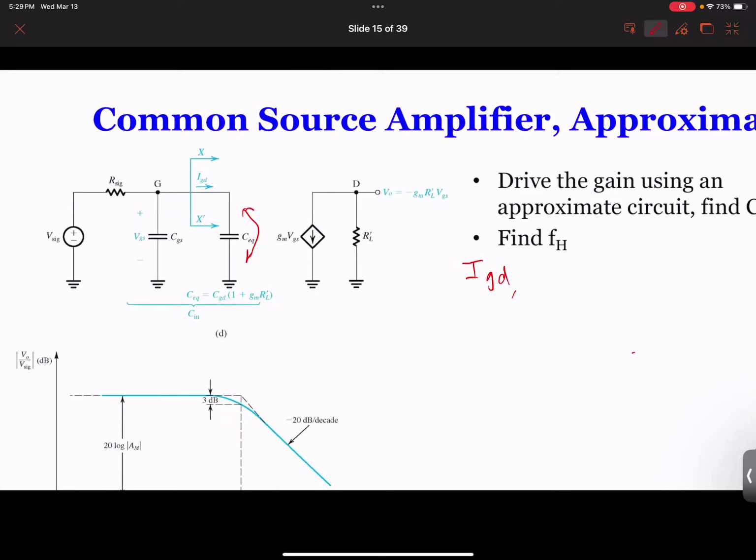The new equation will be IGD equal to VGS divided by the impedance, which is S times CEQ. So then CEQ is equal to IGD over VGS times S. So this is the same thing.